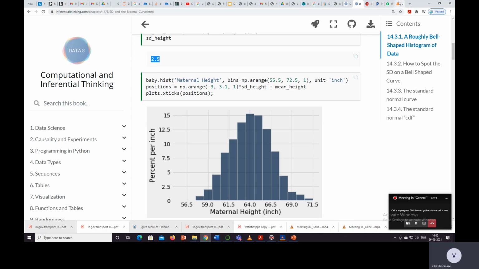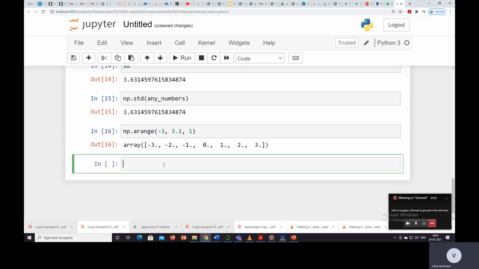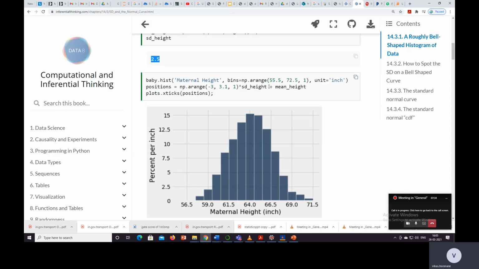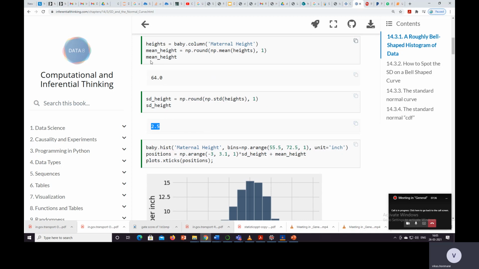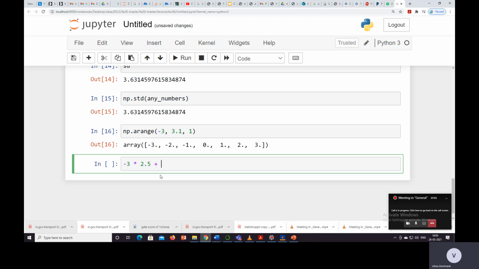We'll do one calculation so that you can understand: minus 3 into 2.5 plus the mean height. The SD of height we have taken as 2.5 and the mean height is 64, so we'll take 64 over here.